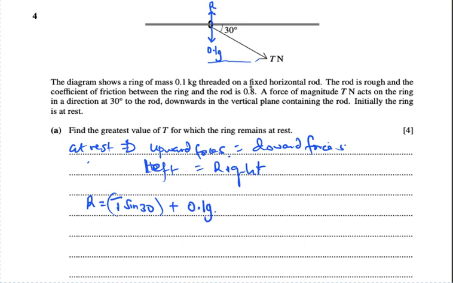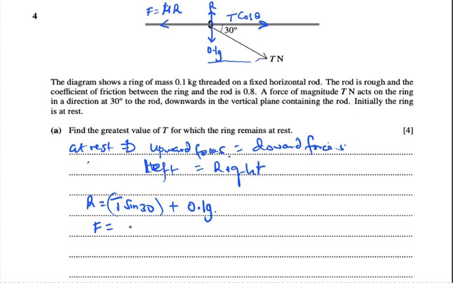Now coming to the horizontal, there is friction. The component of tension acting horizontally is T cos 30, acting in one direction, so friction is in the opposite direction, and the formula for friction is mu R, where mu is the coefficient of friction.